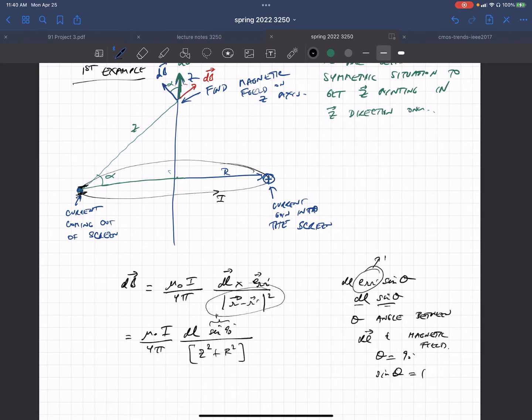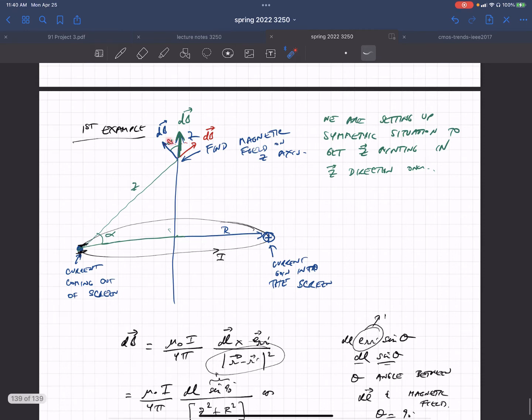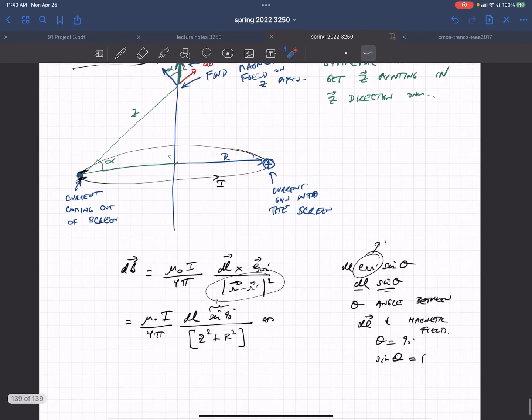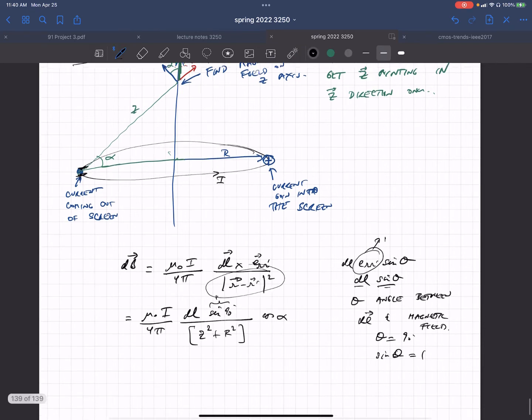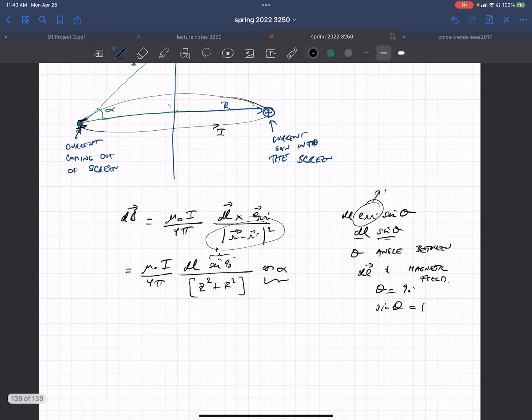That's this guy. And then the whole thing, because due to symmetry, you're only going to have a component in the z direction. That'll be the cos of alpha. So this is the component of the B field in the z direction.